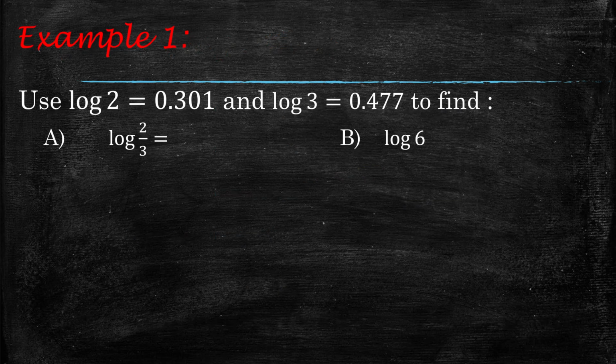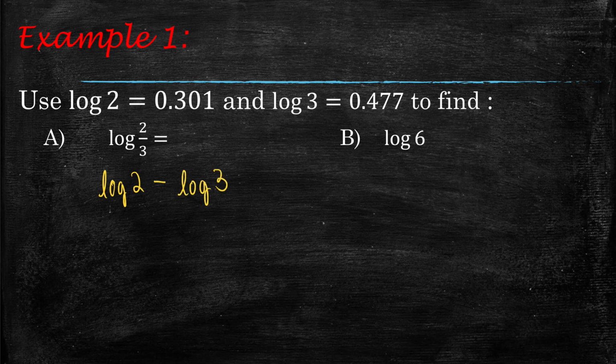All right, so we're going to use this example right here, and it says use log 2 equals 0.301 and log 3 equals 0.477 to find these two logs right here. So we've got log of 2 divided by 3. So if you remember your quotient property, we can rewrite this as log 2 minus log 3.